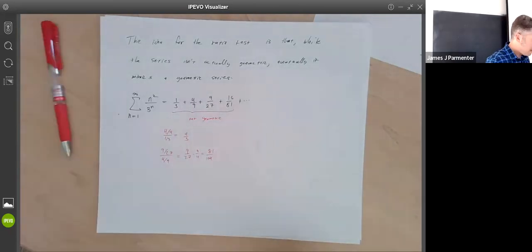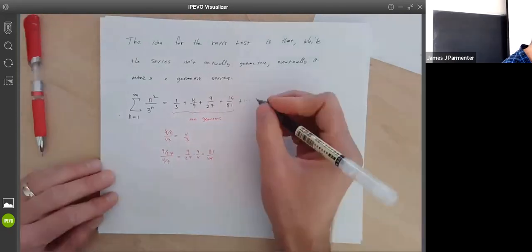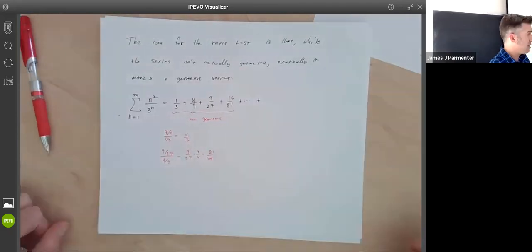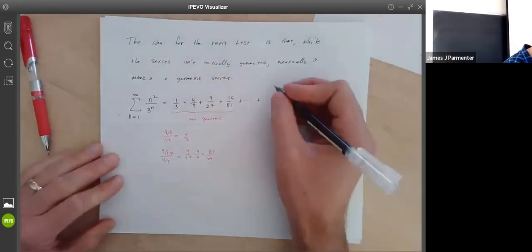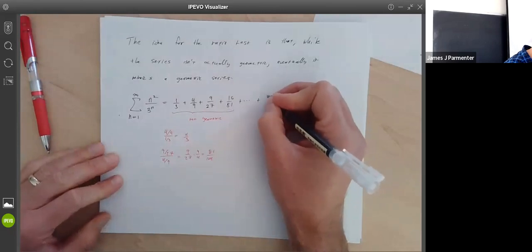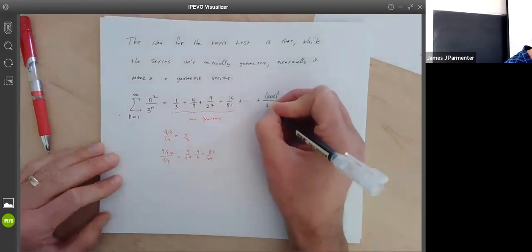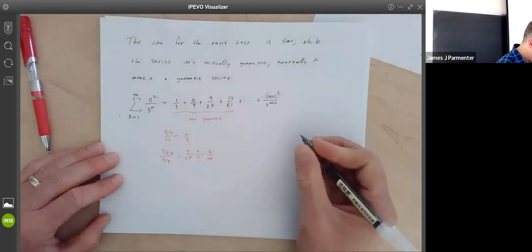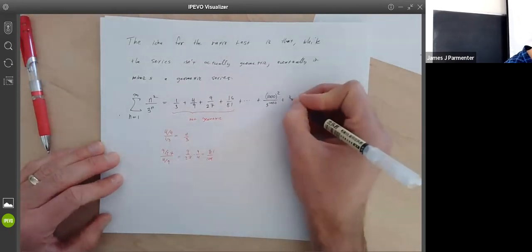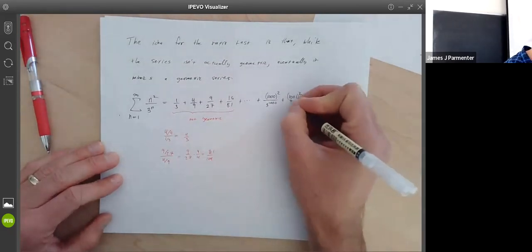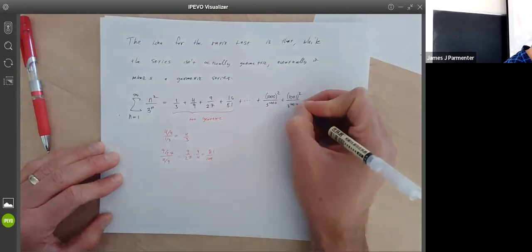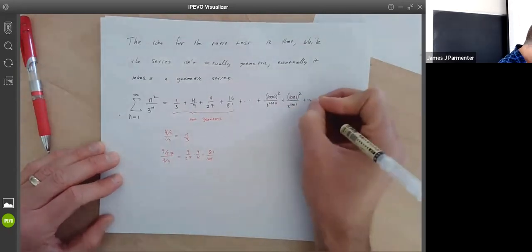But if you go way, way out, say to the 1,000th term, you get 1,000 squared over 3 to the 1,000th power. And then the next term is 1,001 squared over 3 to the 1,001 power, and so on.